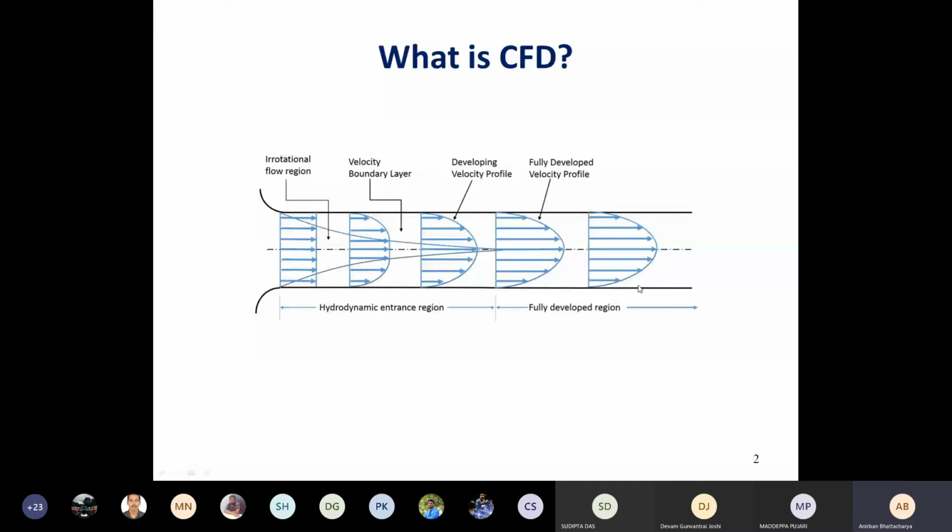It is easy to solve for this fully developed region. I can solve the governing equations for the fully developed region and find out the velocity profile. Then I can find other quantities from the obtained velocity profile, such as shear stress, which depends on the velocity gradient. This type of approach is known as the analytical approach.